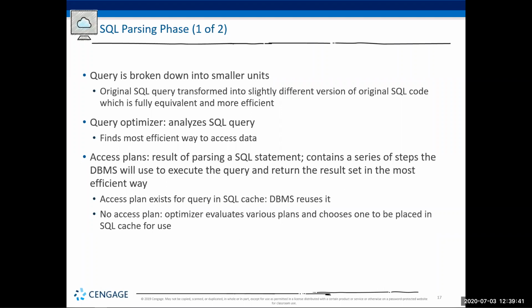So the optimizer here is the process where it analyzes all your queries and finds the most effective way to produce that plan. So the optimizer process is the important part here in the parsing phase. And then once the optimizer does its job, the access plan is generated. So that's what the first phase is.